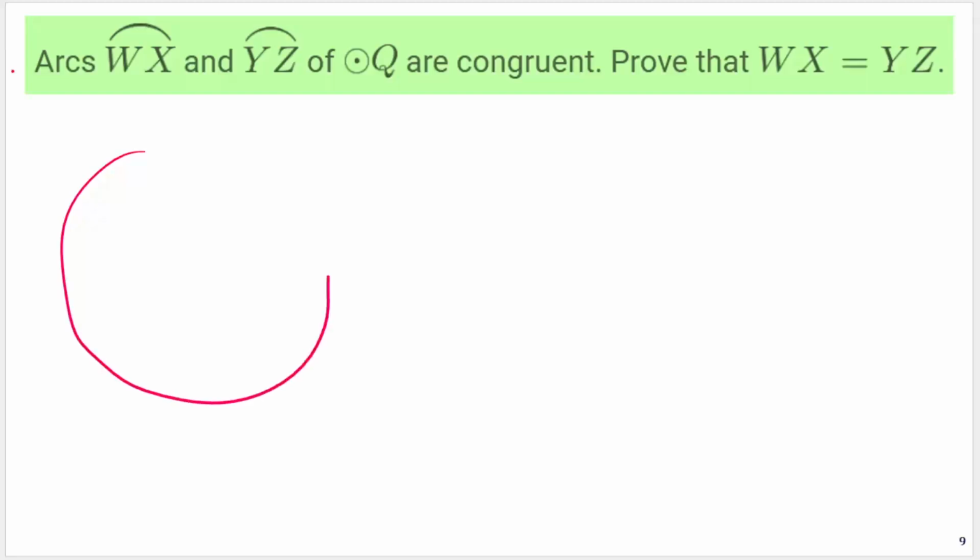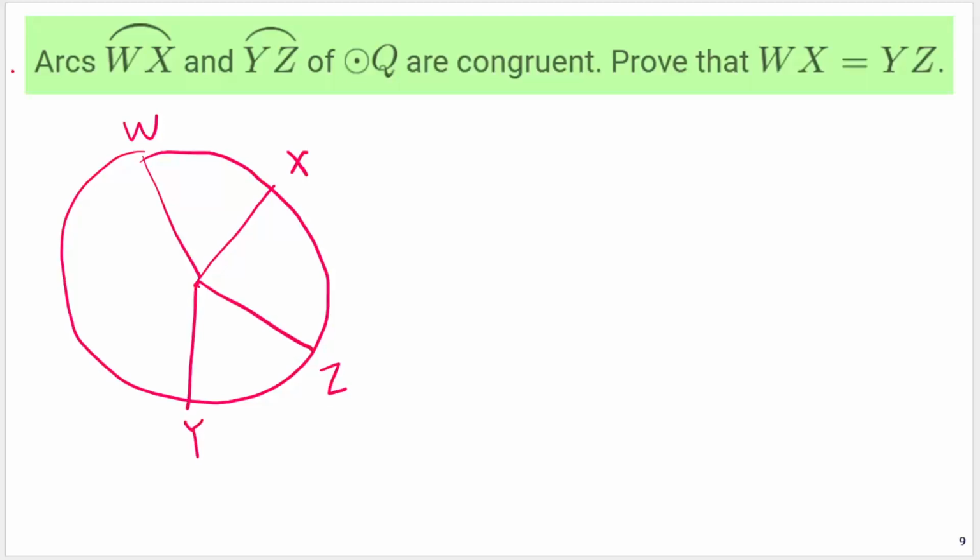In that case, we have a circle here. If we know the two arcs, WX equals YZ, so this length equals this length here. Can you prove the corresponding chords are equal?